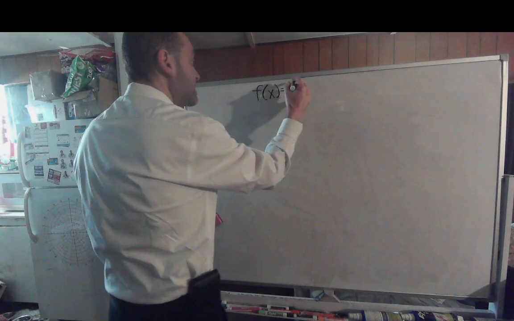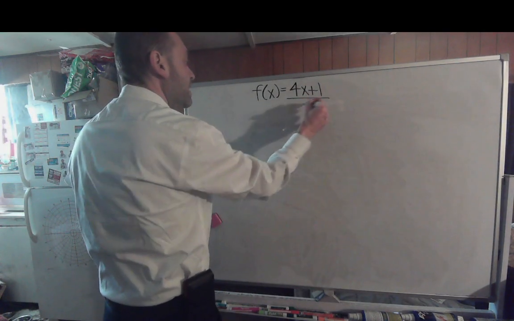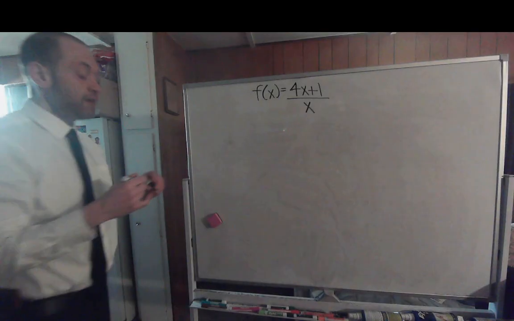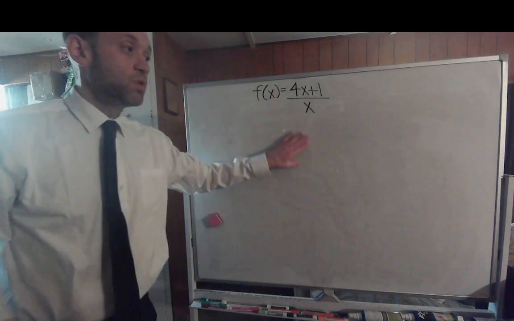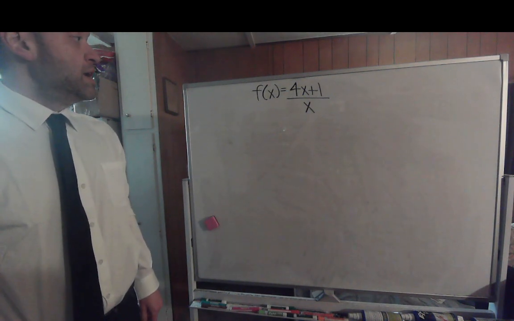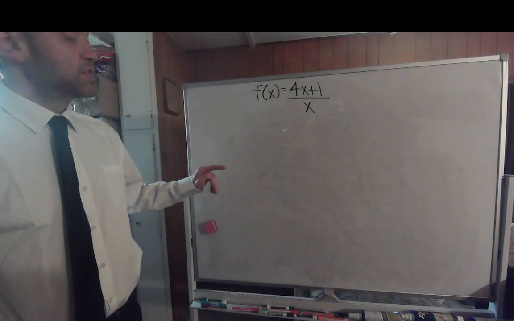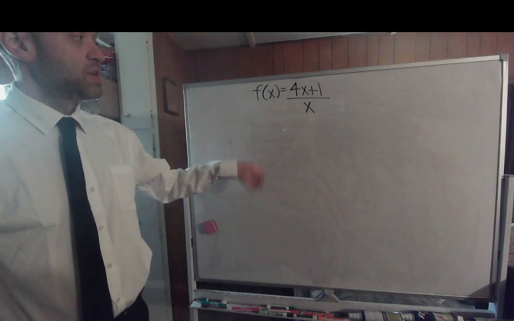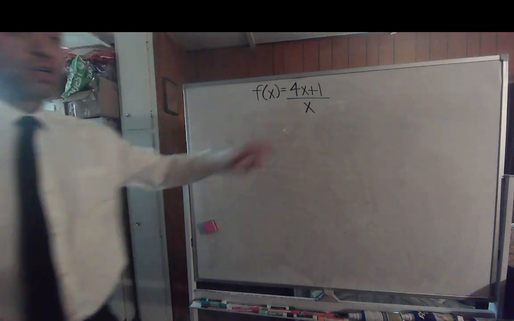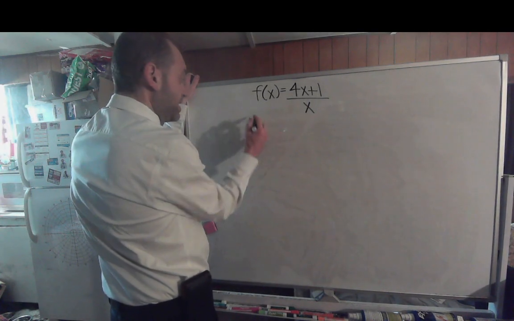Alright, f of x equals 4x plus 1 over x. Well, that of course is going to be, let's look at the asymptotes. The vertical asymptote occurs when x equals 0. Literally, it's going to be when the denominator equals 0.